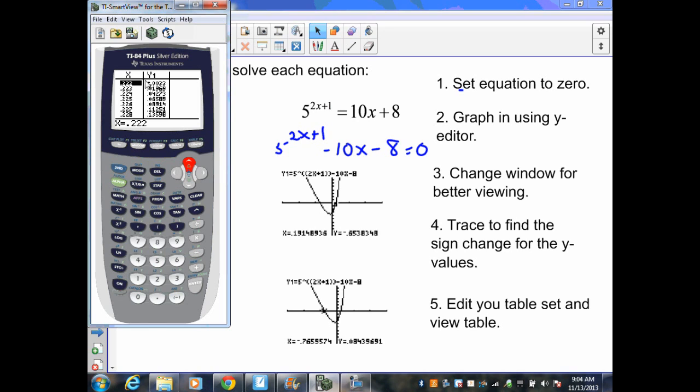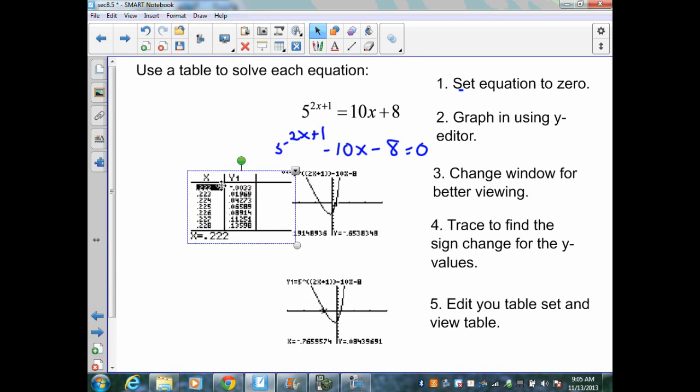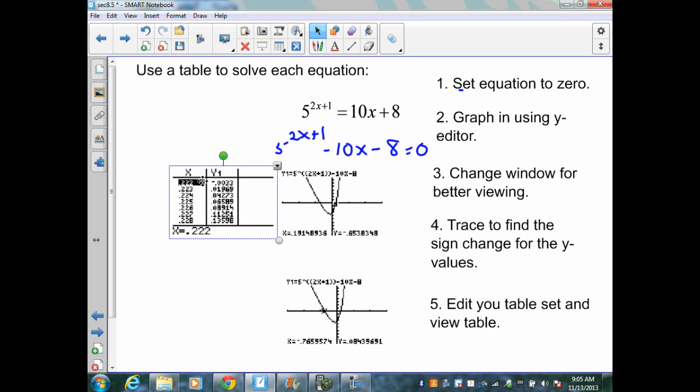So I have a sign change between negative 0.0033 and 0.0196. So my solution is right around 0.22. And that would be for this point on the graph.